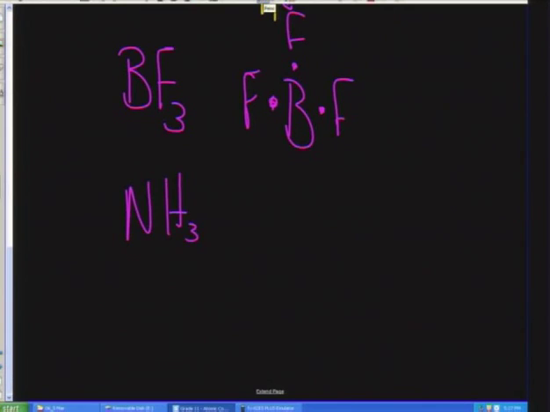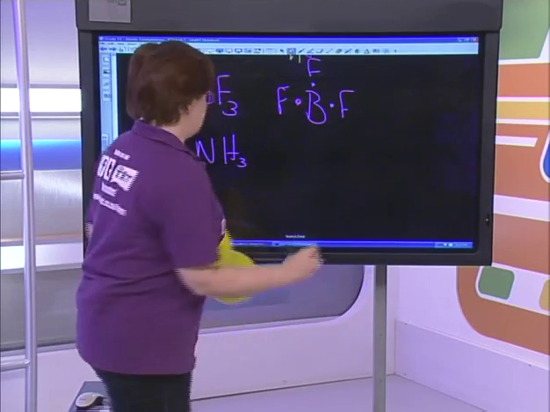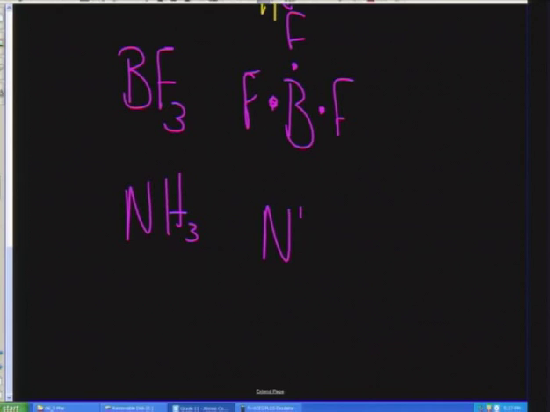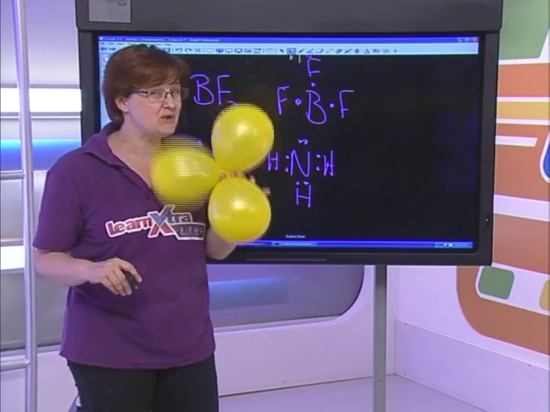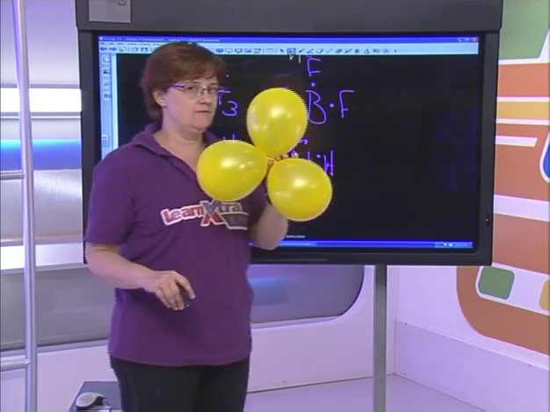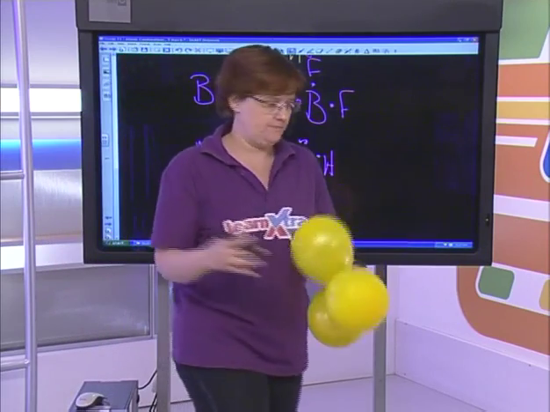Now, we just discussed ammonia when we did covalent bonding. Ammonia comes along and we go, okay, here we go. There we go, NH3. And we go, hang on, wait, there's a problem. The biggest difference between BF3 and NH3 is that NH3 has an extra pair of electrons.